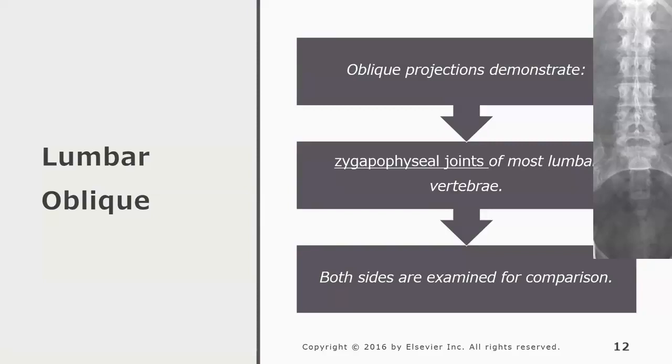So they're done AP. Keep this in mind. I've always said images should be viewed anatomically. This will help you in remembering which zygapophyseal joints we're looking at in an AP oblique.